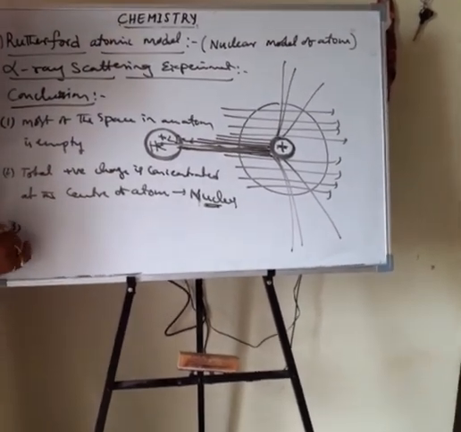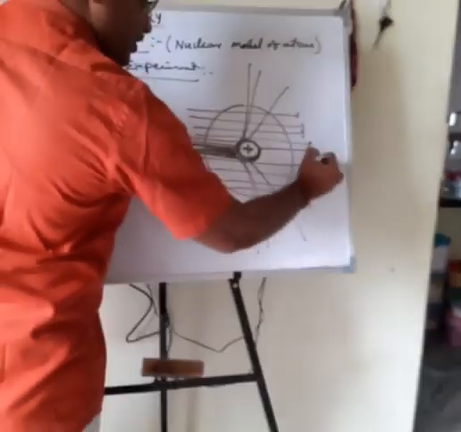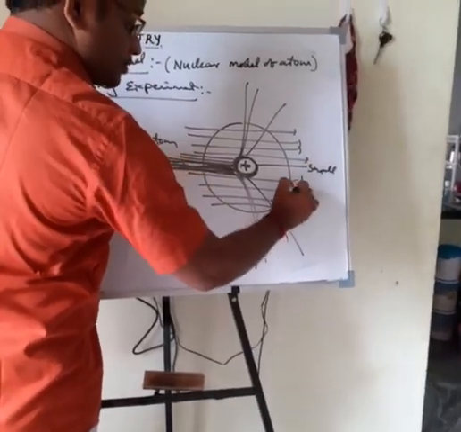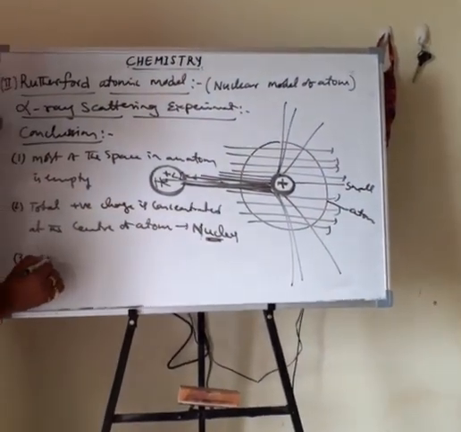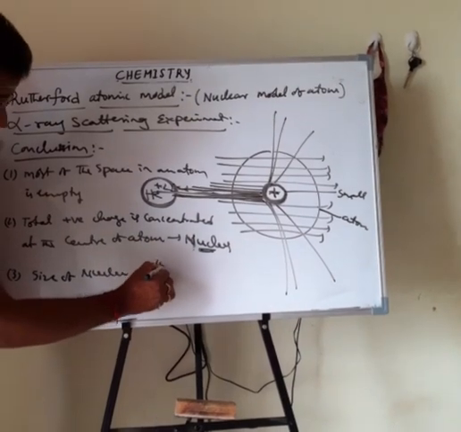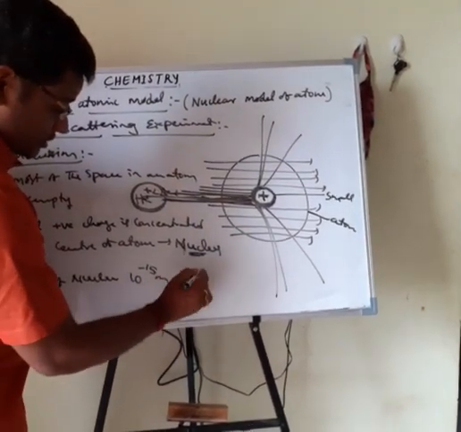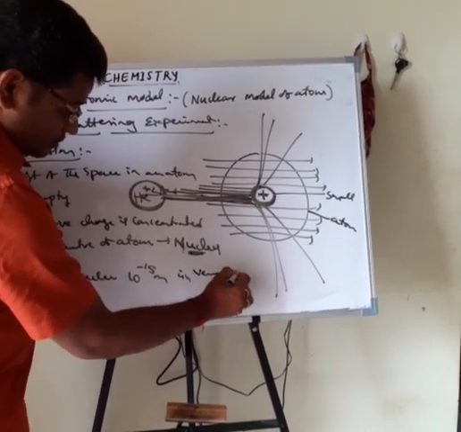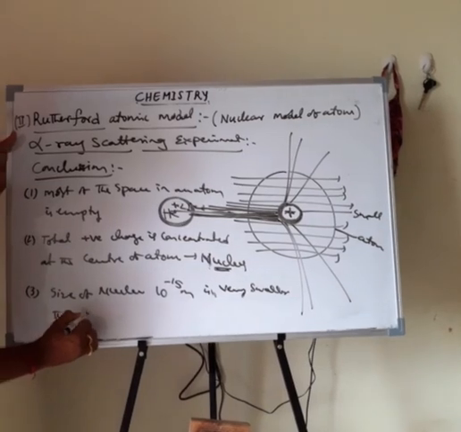Then the third point: the size of the nucleus is very small compared to the size of the atom. The size of the nucleus is 10 power minus 15 meters, which is very small compared to the size of the atom.